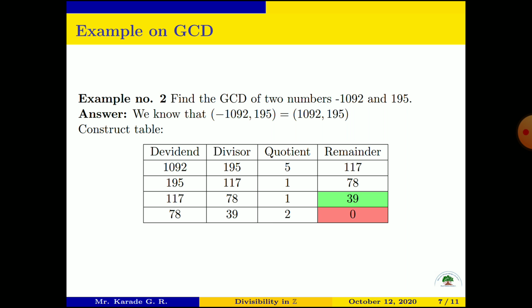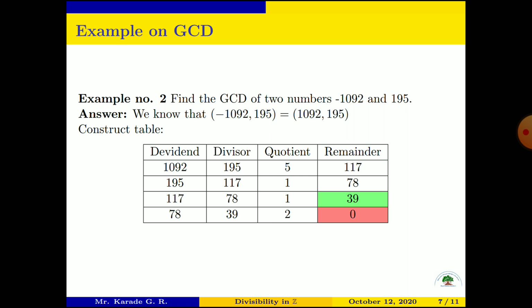In this case also, the quotient is 1 and the remainder is 39. You can do this on your calculator also.